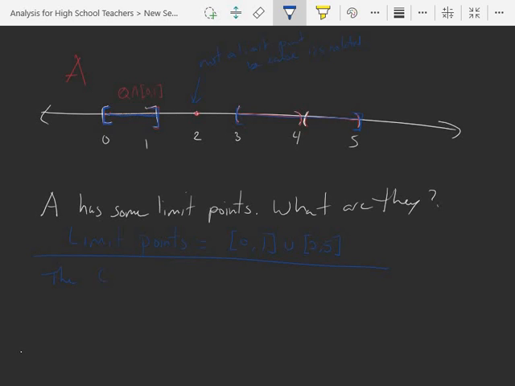The closure of a set is the smallest closed set containing the original set.